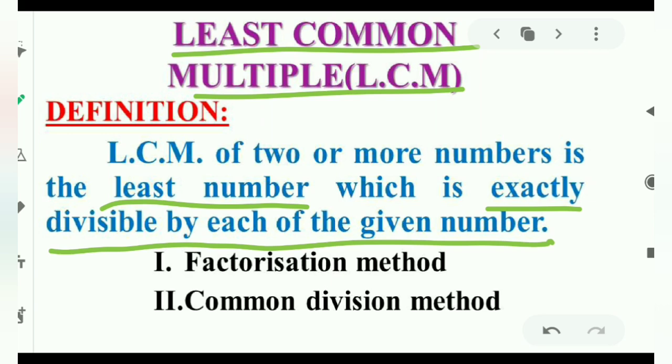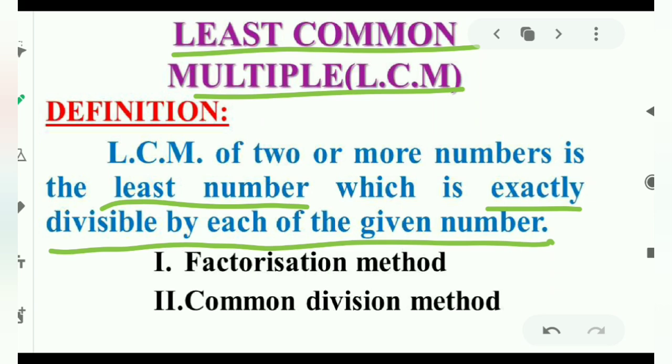Okay, so to do that we have two methods, factorization method and common division method. Before getting into the procedure, let me quickly explain what is least common multiple in some common terms. Okay, we are going to find a multiple. We can say it is a multiple of all the given numbers.